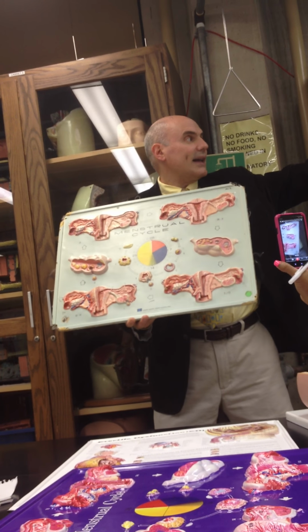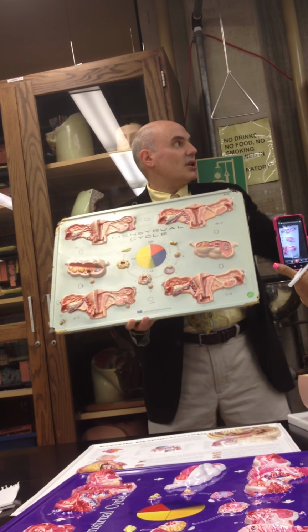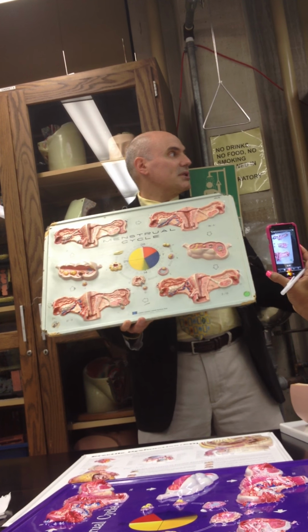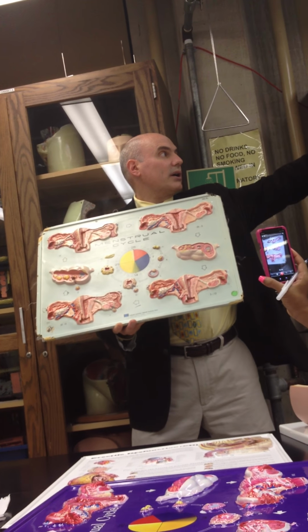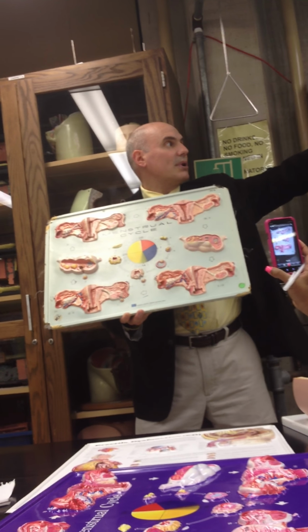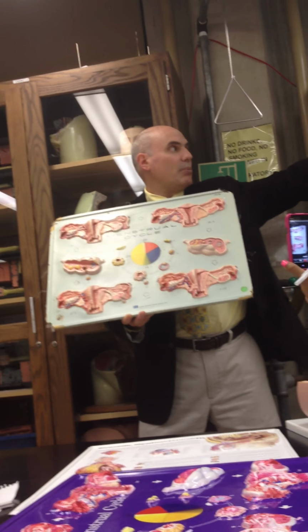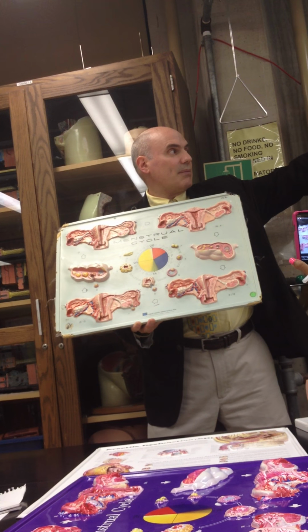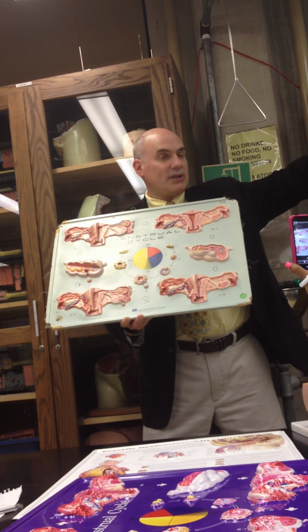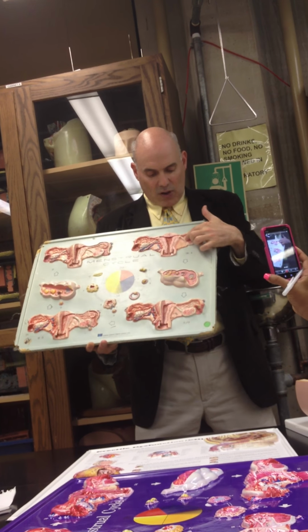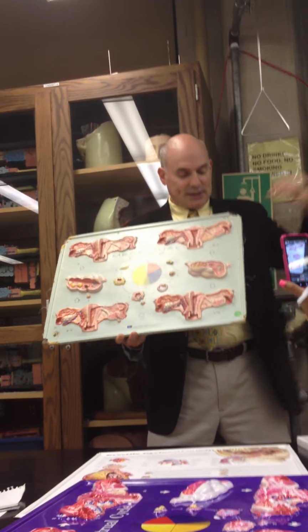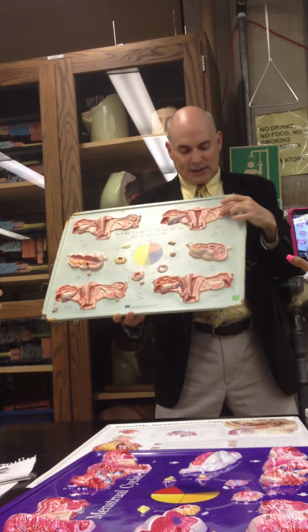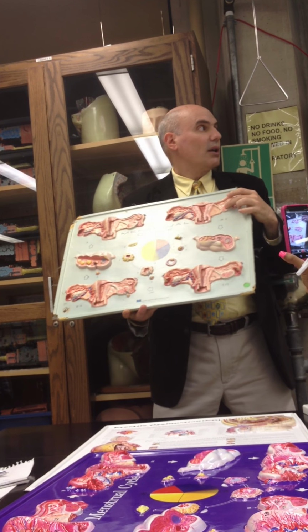So if we work down from the top, see the ovary in purple, and you see a ligament coming from the ovary to the uterus, okay? That's the ovarian ligament. It's named based on the fact that it's attached to the ovary.